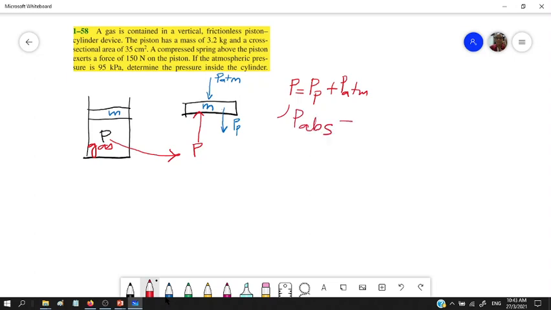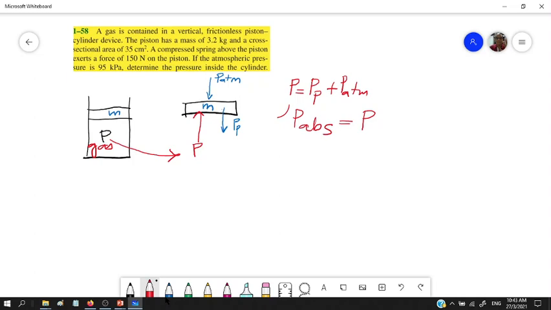In thermodynamics, if we have the value of P without any subscript, or without any gauge written there, or in this case, it's given only P, then this pressure is P absolute.